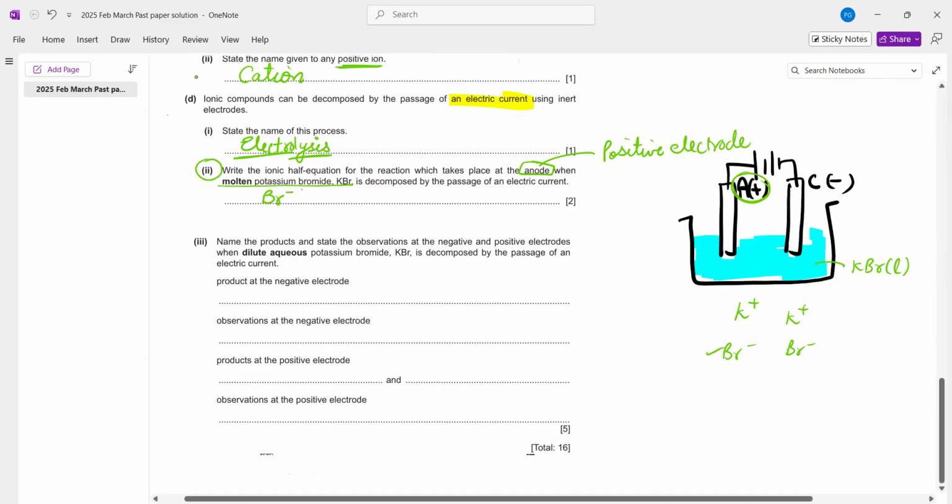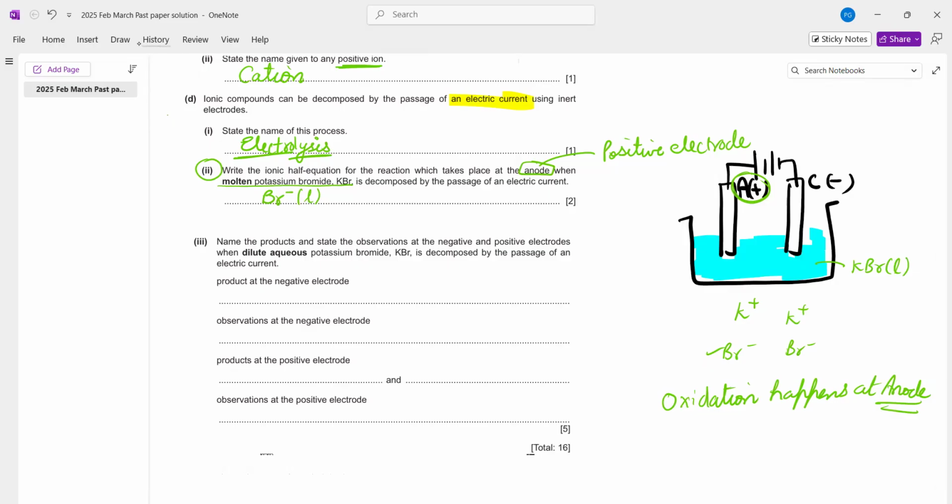And you tell me that if this is molten Br-, then at the anode oxidation happens, right? Oxidation happens at the anode. Please remember this. Now, what is oxidation in terms of electrons? Is oxidation loss of electrons or gain of electrons?